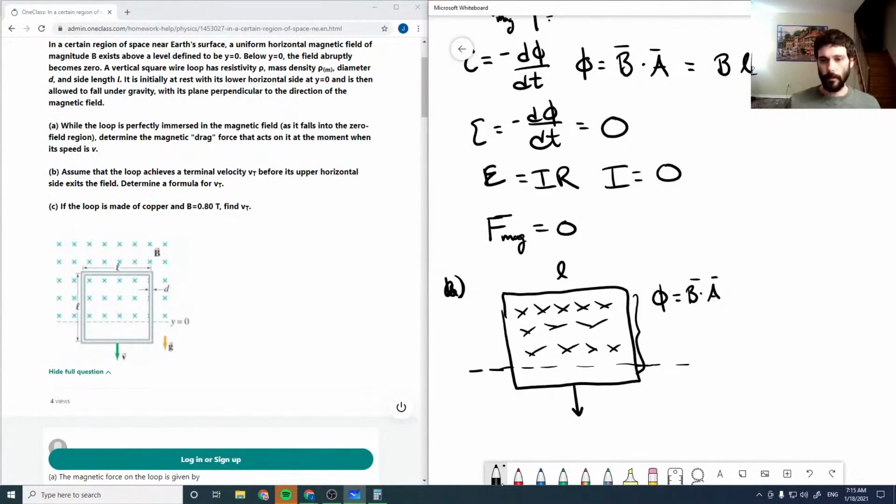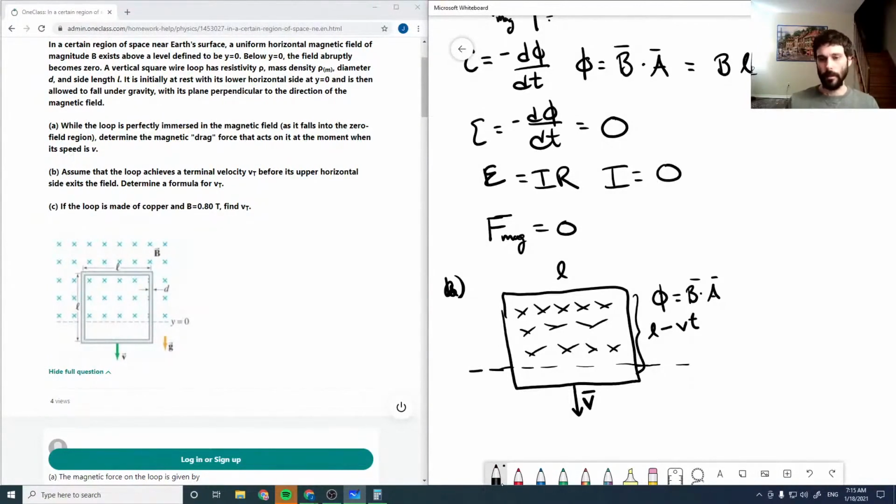So it's falling with a speed v, which is changing with time due to its acceleration. But it's falling with a speed v. And so this length here is actually L minus v delta t, or v dt, if you will. Or even better, just to make everything seem more reasonable, L minus vt. Right, so that distance is L minus vt.